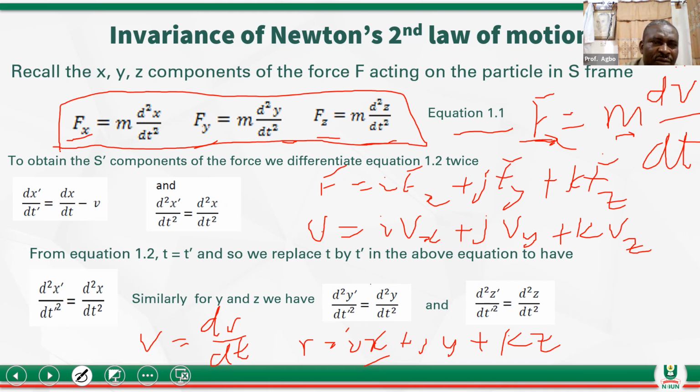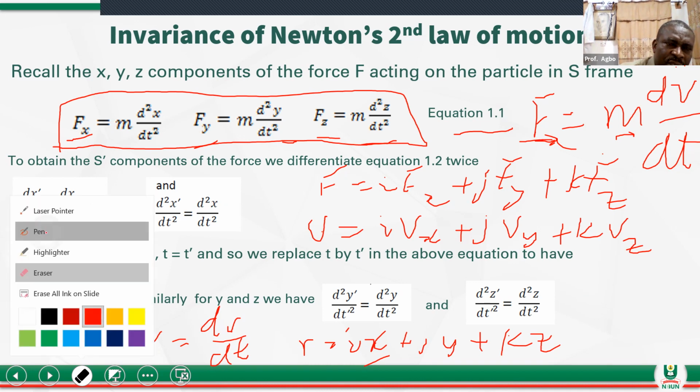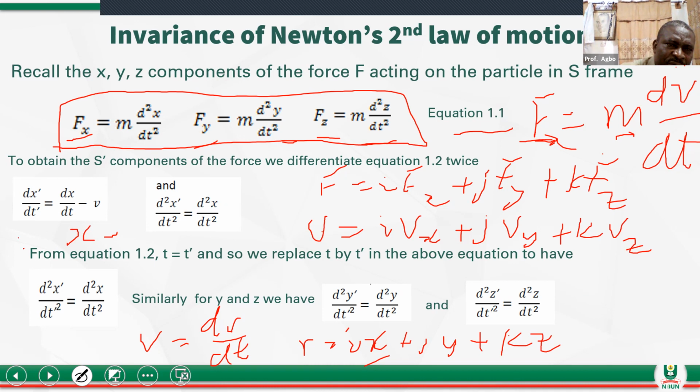Remember that x prime is equal to x minus vt.